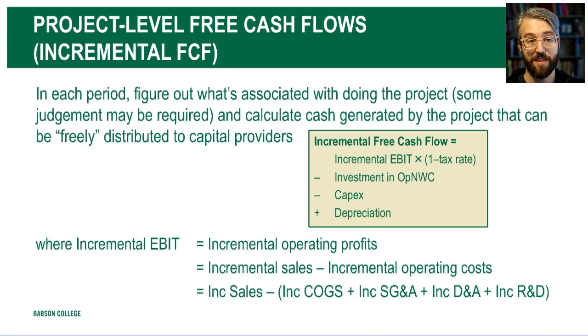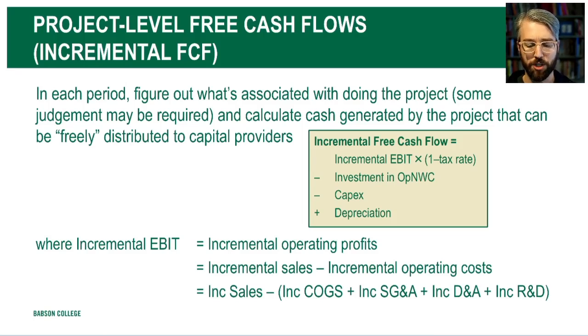And we're going to multiply that by 1 minus the tax rate in order to take into account the fact that when the firm generates additional EBIT, they are also going to have to pay additional taxes. And so the after-tax cash flow associated with that EBIT is going to be smaller if the firm has to pay taxes on it. We get that by multiplying the incremental EBIT impact by 1 minus the tax rate.